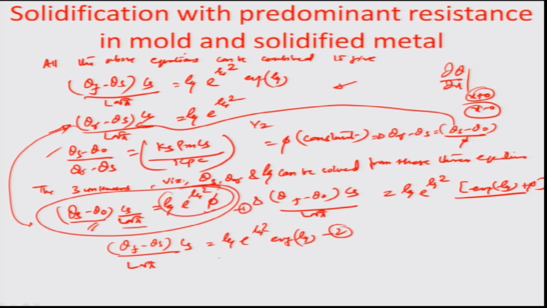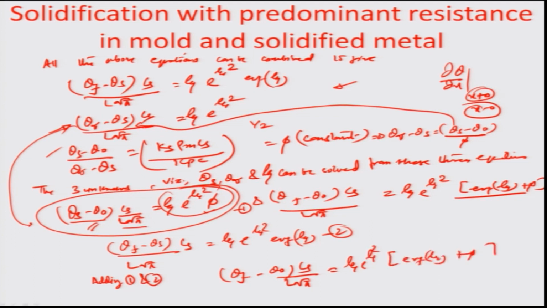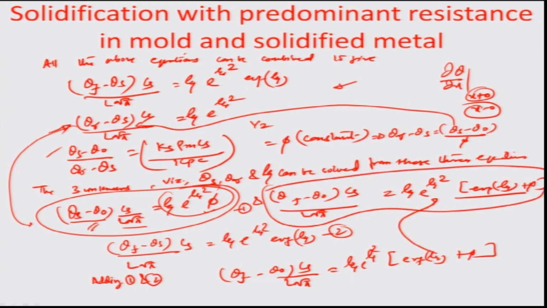If we add 1 to 2, so adding 1 and 2, we get (θf − θ0) times Cs·L/√π becomes equal to ζ e^(ζ²) times the error function of (ζ + φ), which is actually this particular equation obtained here. Okay. Just adding 1 to 2.